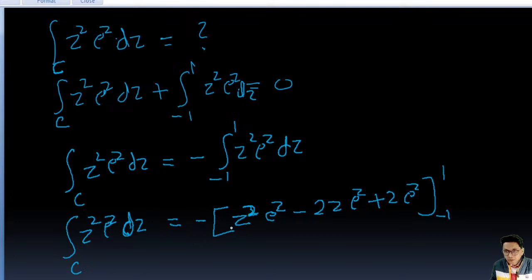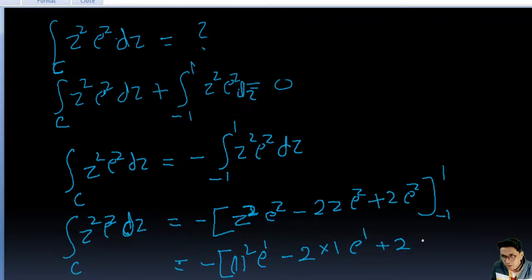Now we'll put the value. This we know, the integration by parts, right? First function times integration of the second minus integration of the differentiation of the first and the second function, right? There are two times we have done it. So now we'll put the value. It is going to be e to the power 1, then we'll keep the minus limit.